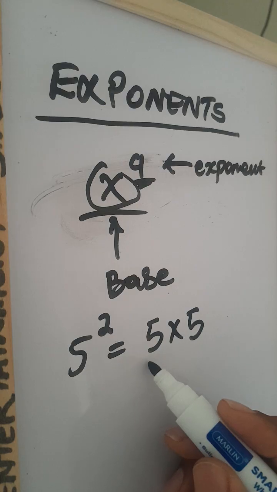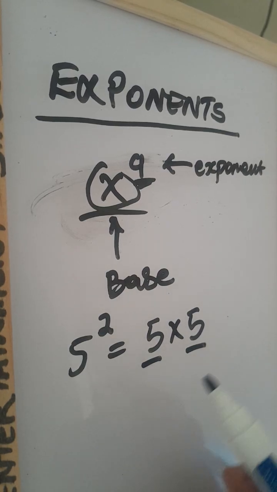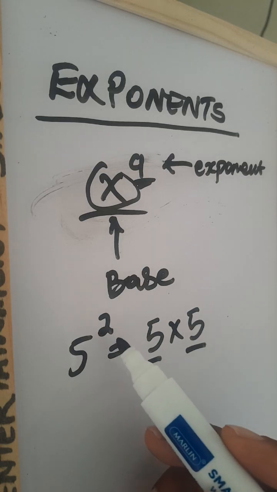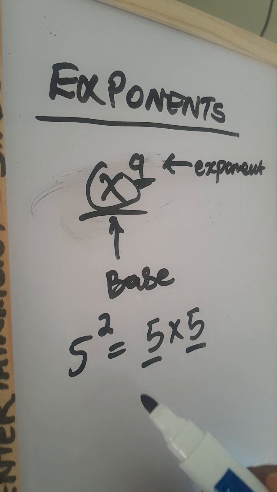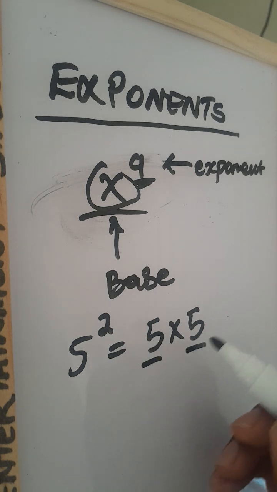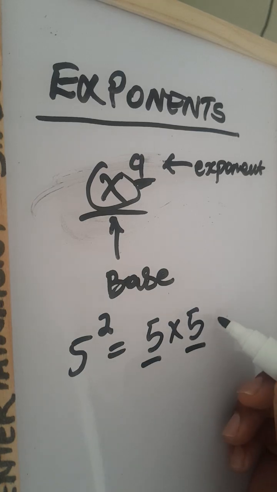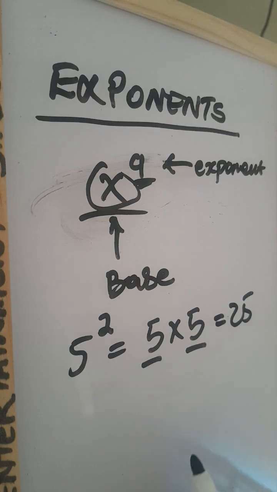So you multiply 5 by 5. This means you multiply it twice, because the exponent tells you it is to the power 2. So then the answer will be 25. So this is how you calculate your exponents.